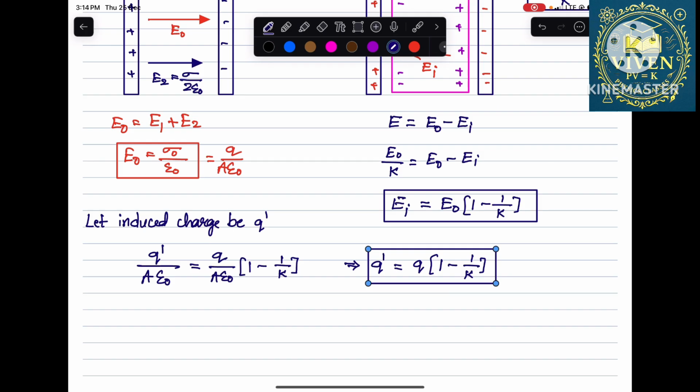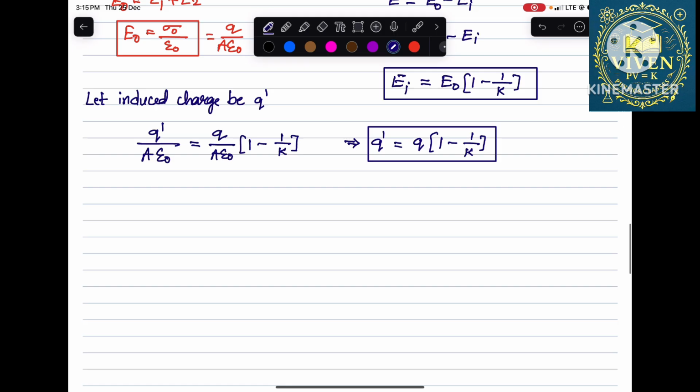Using the K value, we can calculate whatever charge is stored or induced on the charged plates in the presence of the dielectric.